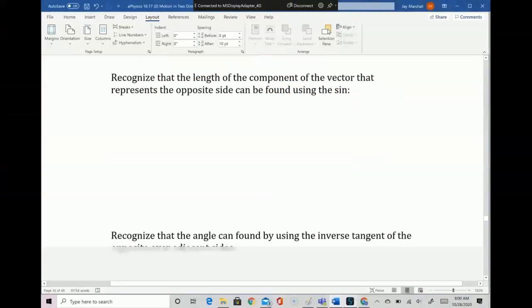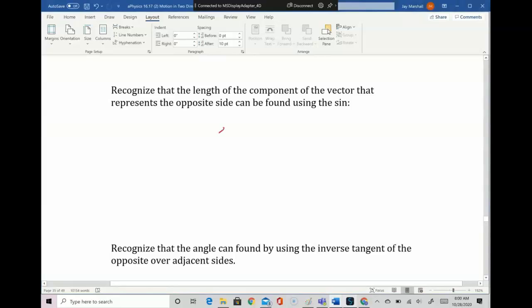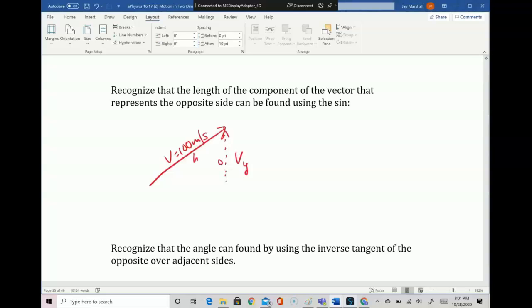Recognize that the length of the component of the vector that represents the opposite side can be found using the sine. Again, I've got V equals 100 meters per second here, and now I want this side. I want Vy. It's the opposite side, right? I've got the hypotenuse and I want the opposite side, so I need to use the sine.